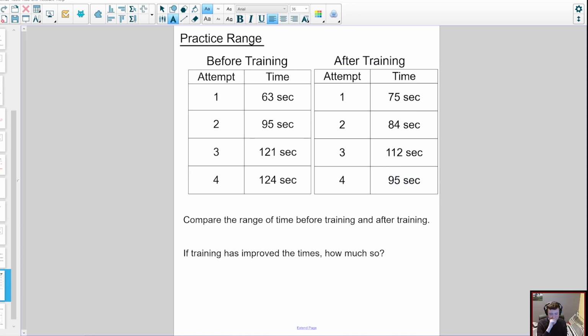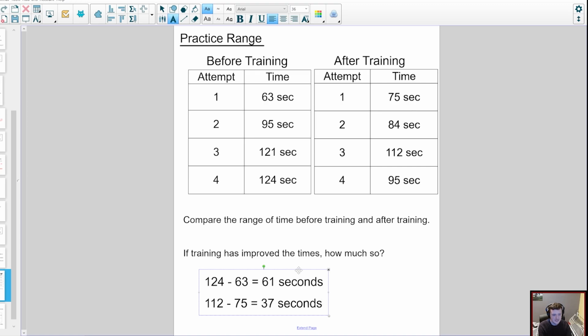Okay, so now we've got our differences in times. So what we do is we take our biggest time and take away our smallest time. So we've got 124, take away 63, which is equal to 61 seconds. And after training, it was 112, take away 75, which is a difference of 37 seconds.